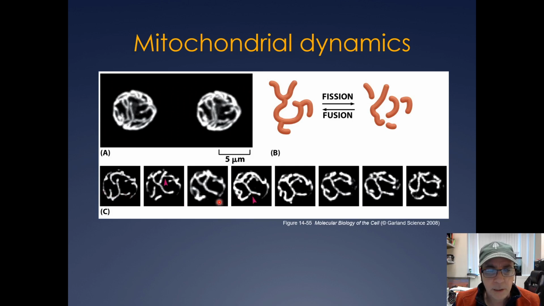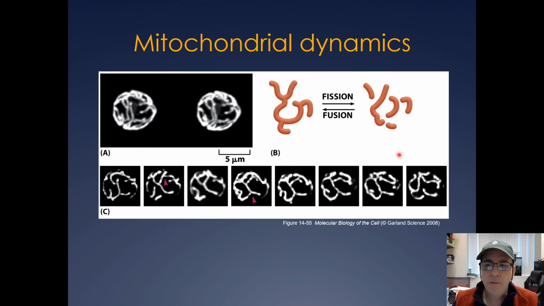So if you're looking here, you can see that this all of a sudden will fuse right there, making this connection. And there it is again. And then it'll eventually break apart again. So the point is, you can look at this all day if you want and find things where it's coming together and fusing. But the big take-home message is it can fissure into small pieces and it can fuse, right?